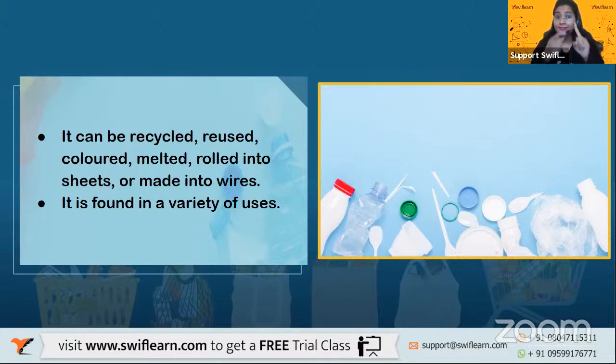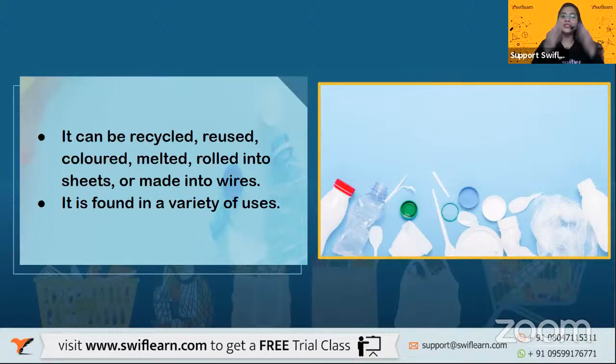Also remember that recycling and reusing plastic is very important because it is non-biodegradable. They cannot be decomposed and can produce pollution if you throw them in the soil and water. You must have heard this, right? So we have to reduce the use of plastic, reuse it, and recycle it.